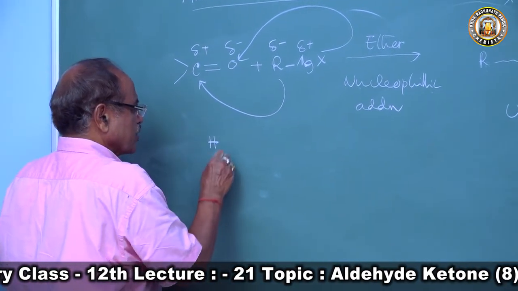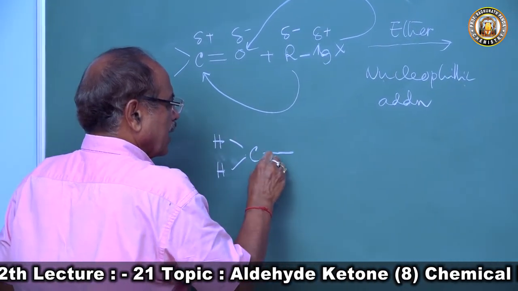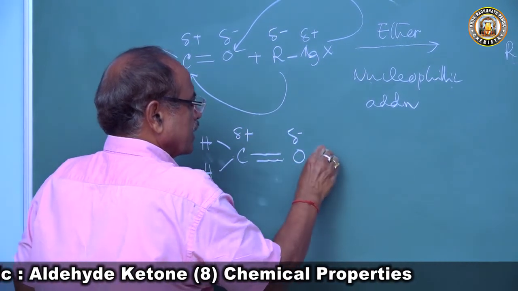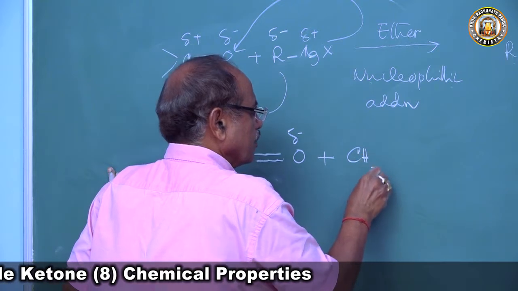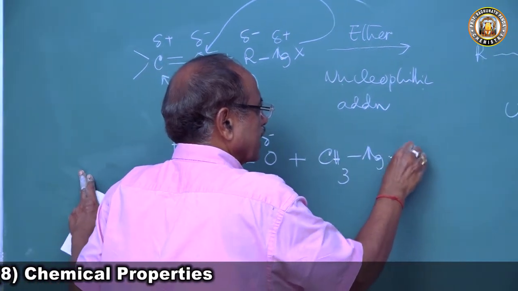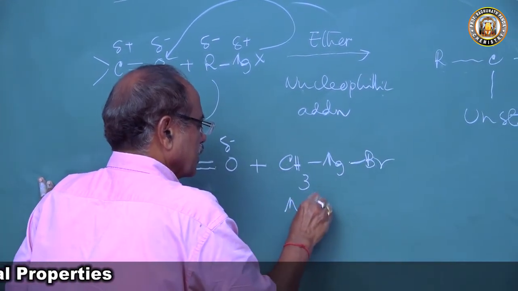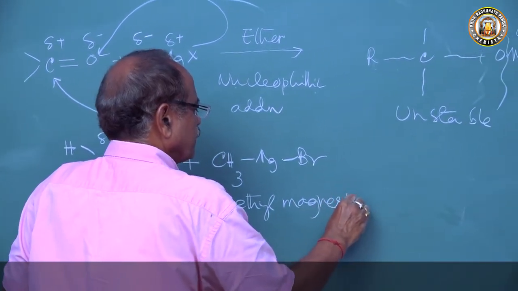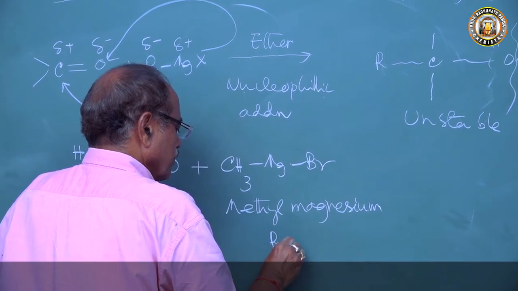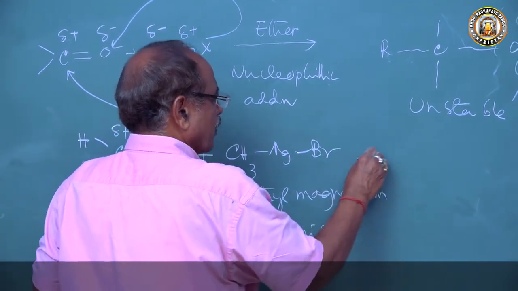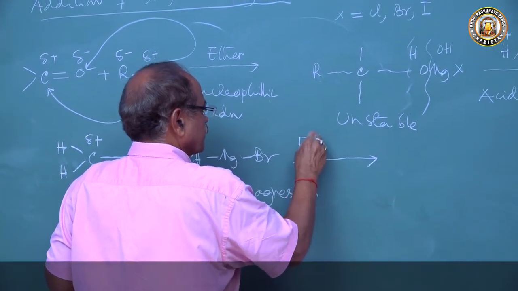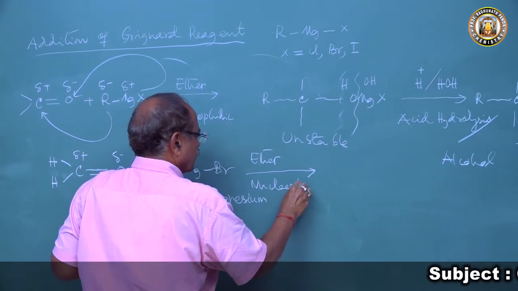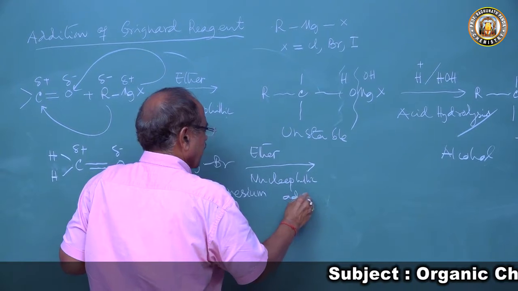We take CH3MgBr, methyl magnesium bromide, the Grignard reagent, and in presence of ether it will undergo nucleophilic addition reaction.